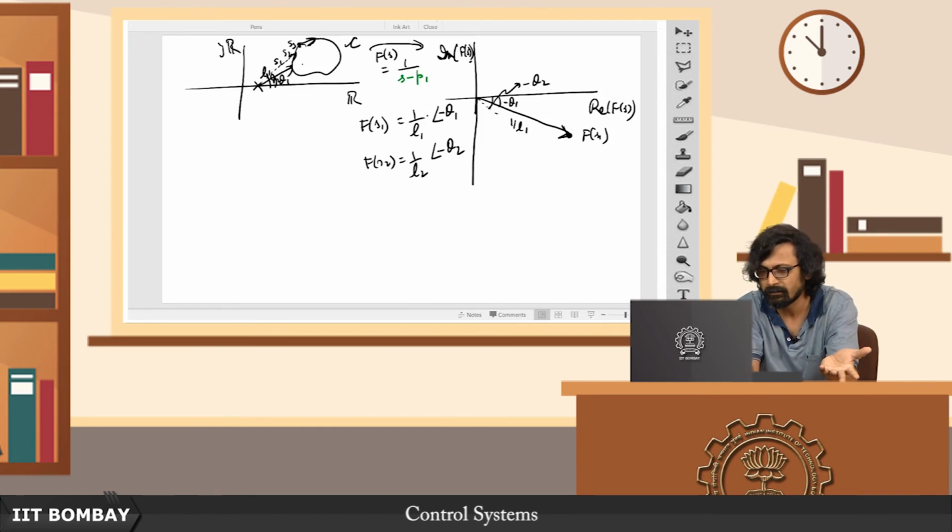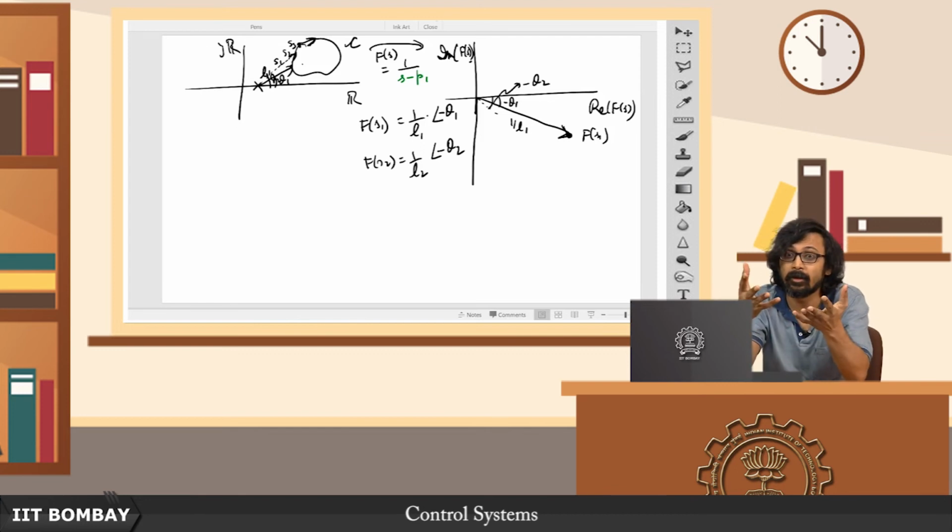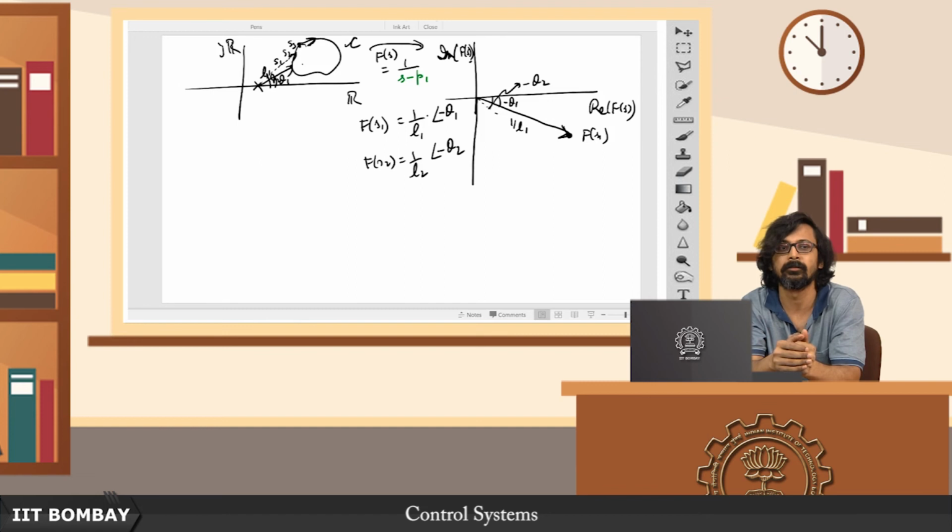Here I do not care, because later on we will see when we use this Nyquist criteria, this will be inconsequential. All that we shall be bothered with is this total phase change, the total number of encirclements around the origin, which we have already got a clear picture about when studying the 0. Now we are going to try and do that same for the pole.